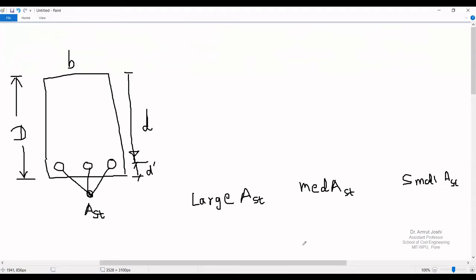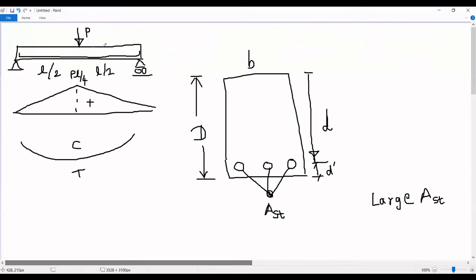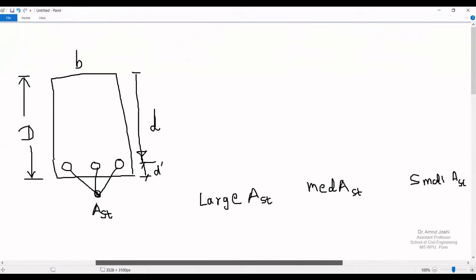So let us say we are providing a very large area of steel and we ask ourselves a question: as I go on increasing this P at failure, how does the bending strain distribution diagram for a cross section which carries maximum bending moment PL by 4 look? So we are trying to draw the bending strain distribution diagram at failure.